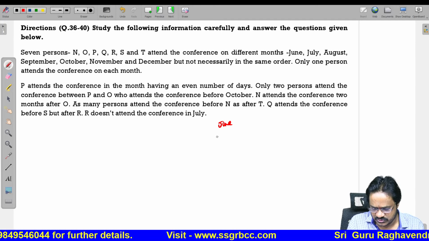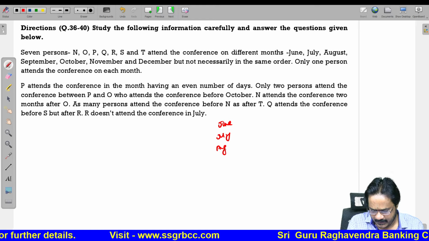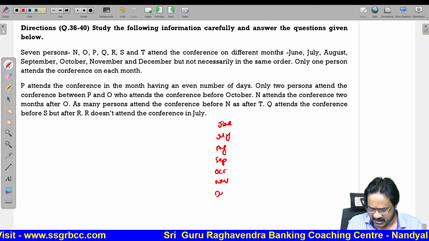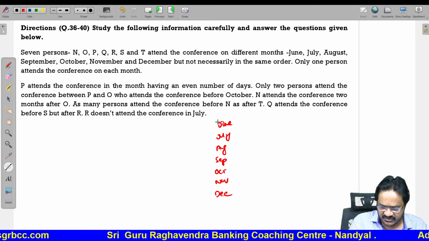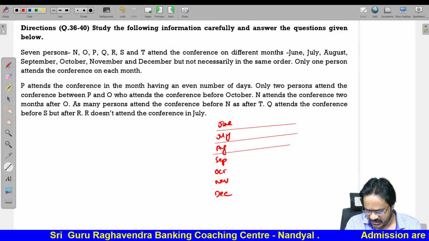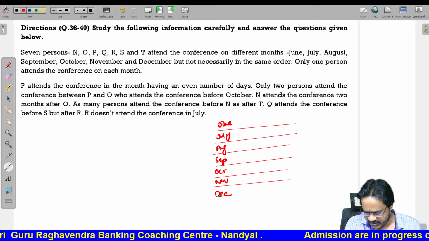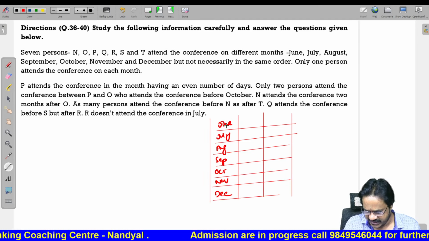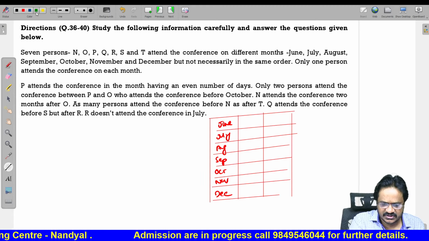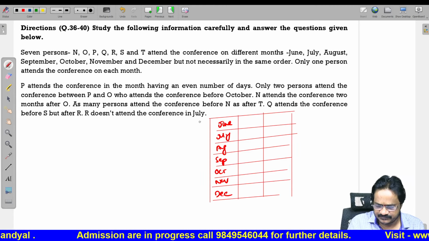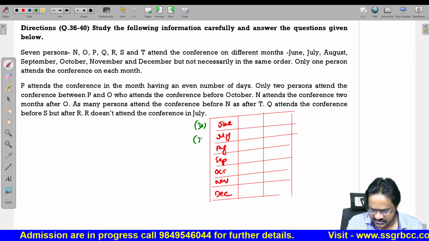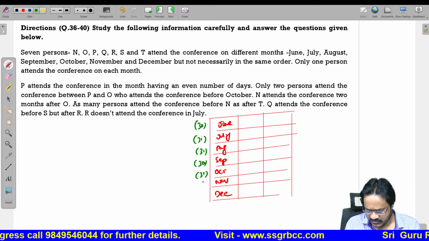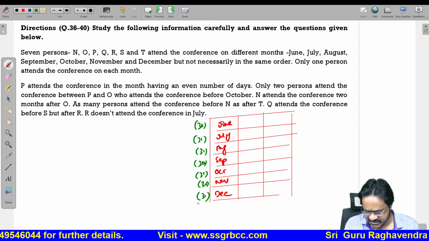Now you have to take the number of days: June has 30 days, July 31, August 31, September 30, October 31, November 30, December 31.